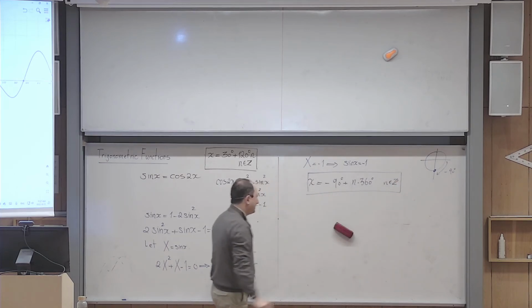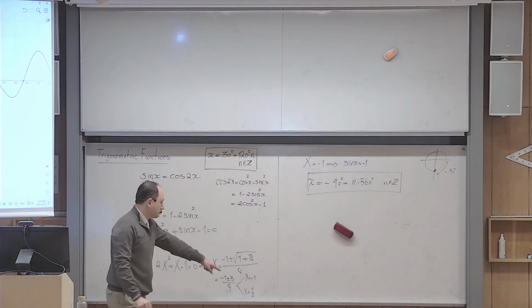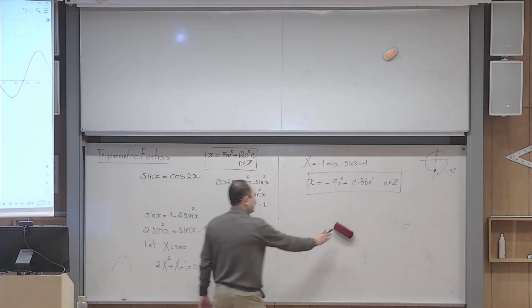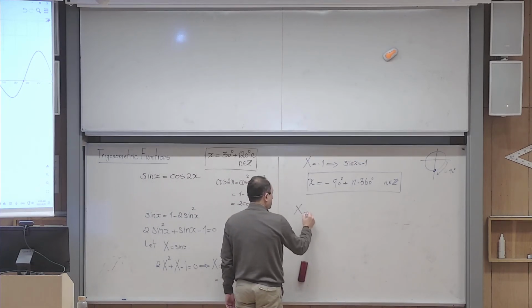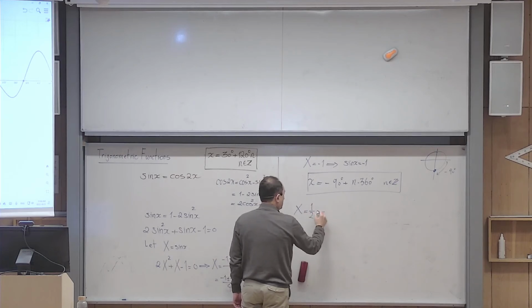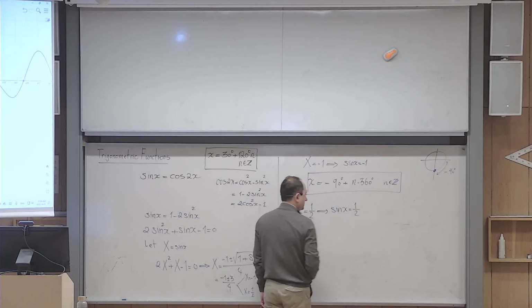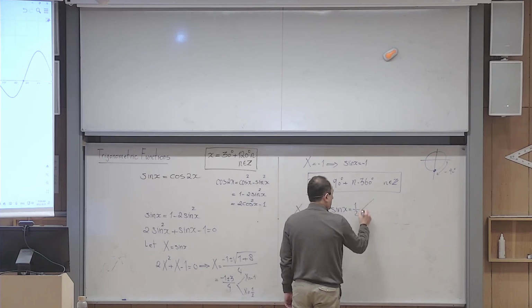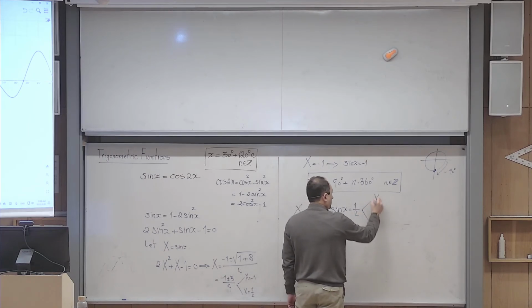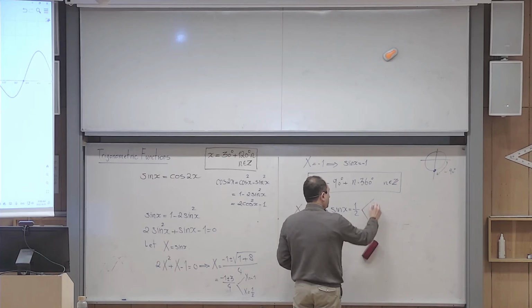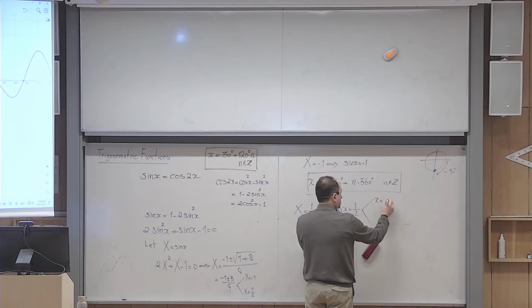This is why I'm telling you it was counterintuitive, yes, because I will get two more from here. Yes, because capital X is equal to 1/2. This means that sine x is 1/2. And then we have two options again. Little x is equal to sine inverse of 1/2.